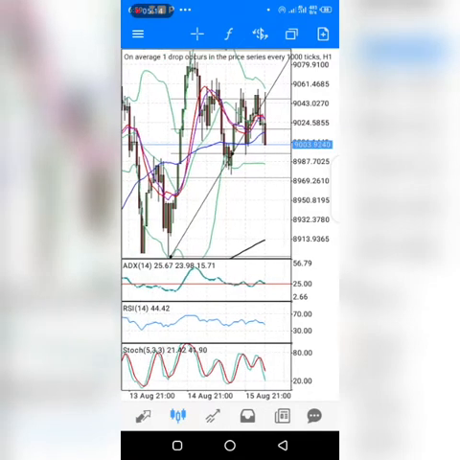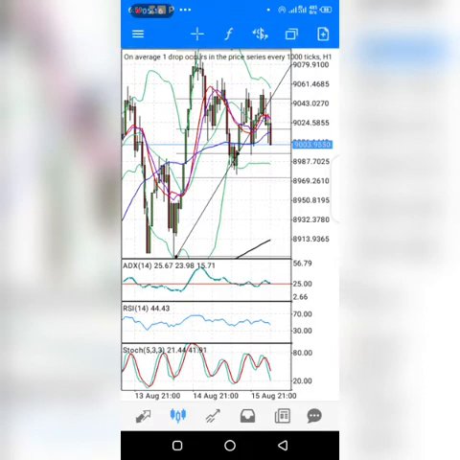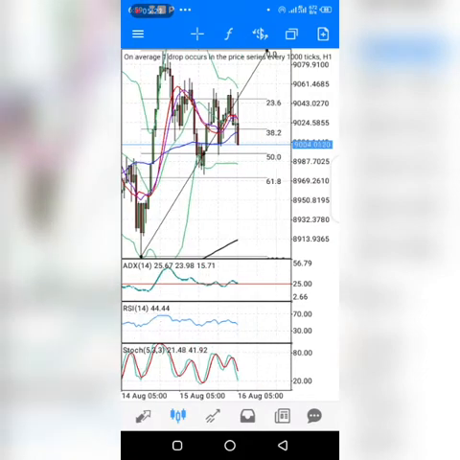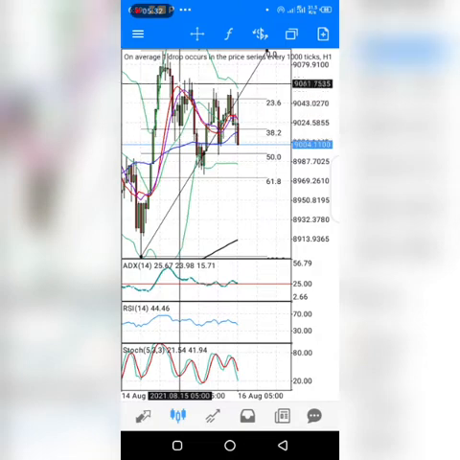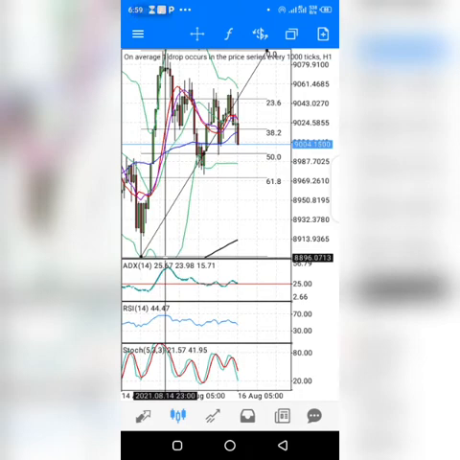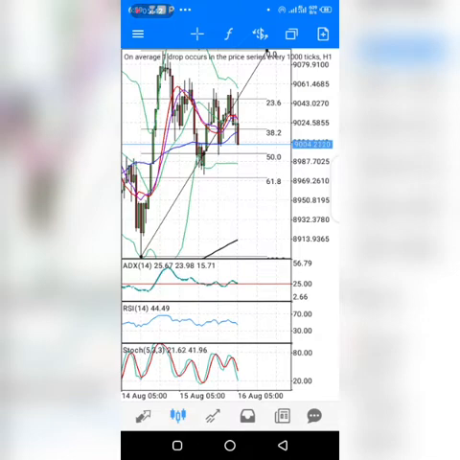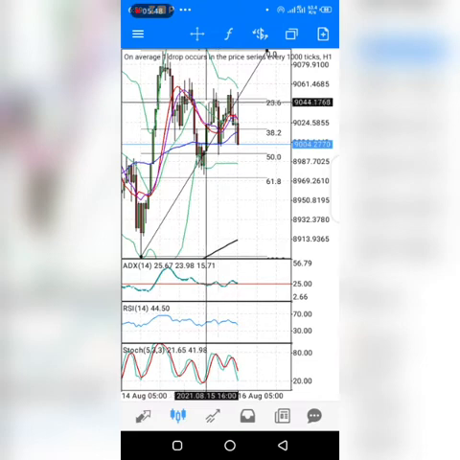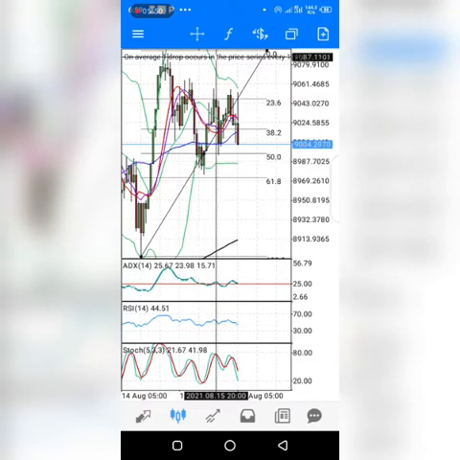As you can see how we drew it from our swing low, we drew it over to our swing high, from this very point to this very point. You can draw it in a straight pattern, or you can draw it horizontally. But the main aim is to let these numbers be directly towards this particular spot for you to easily identify it.